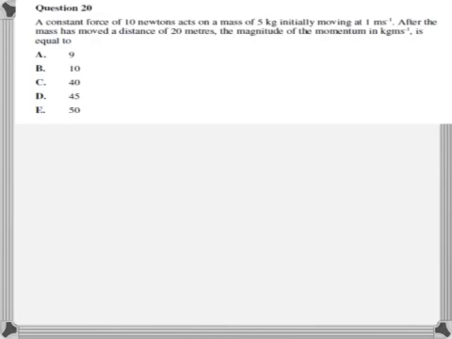Okay, so a constant force of 10 newtons acts on a mass of 5 kilograms initially moving at 1 meter per second. After the mass has moved a distance of 20 meters, the magnitude of momentum is equal to. So this is very similar to the last one. Let's have a think about it first.